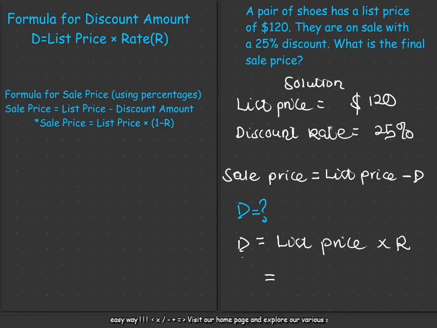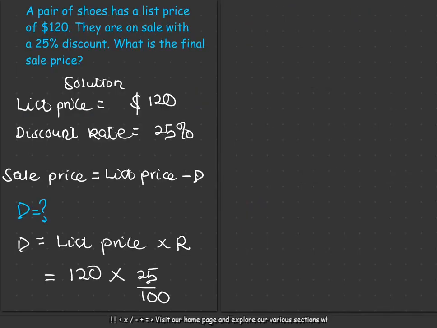So if we want to find the discount, then the list price, which is 120, times the discount rate, which is 25%. If you have a calculator, you can just punch it out and go. But since we do not, we say 120 times 25 over 100, where the zeros cancel out.